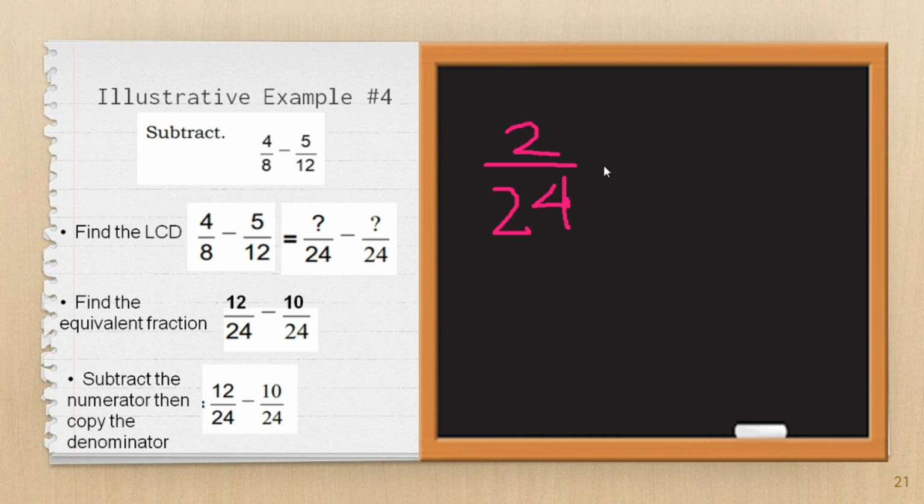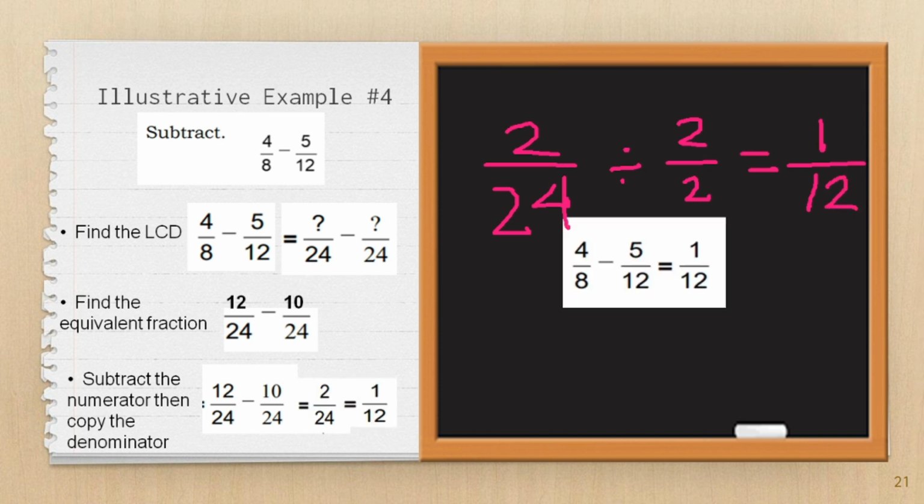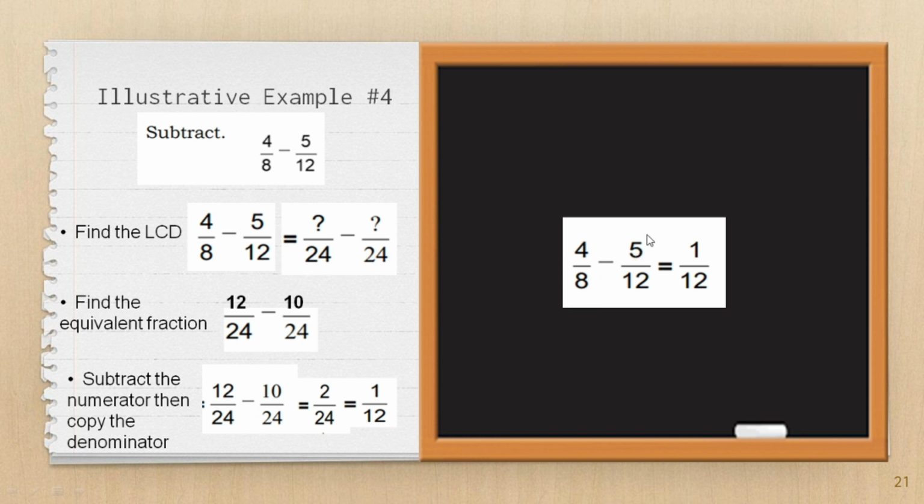So, ano pwede natin i-divide kay 2 and 24? We can have 2. Tama? So, 2 divided by 2, that's 1. 24 divided by 2, that's 12. Correct? So, therefore, we have 4 over 8 minus 5 over 12 is equal to 1 over 12.